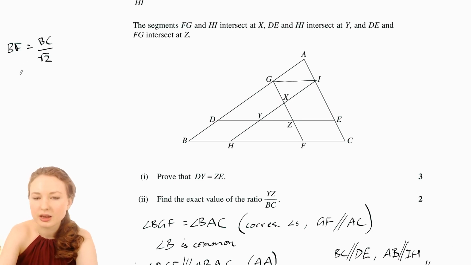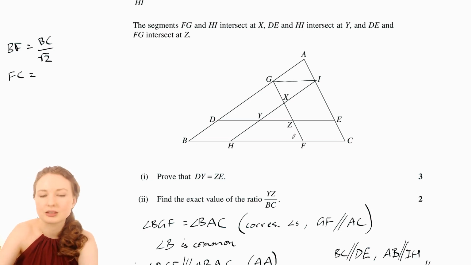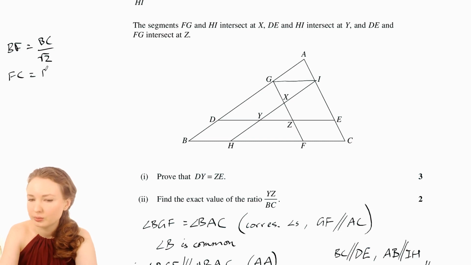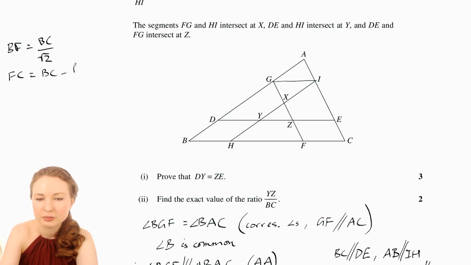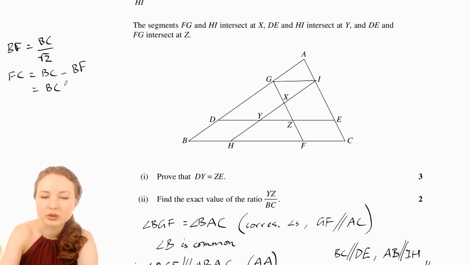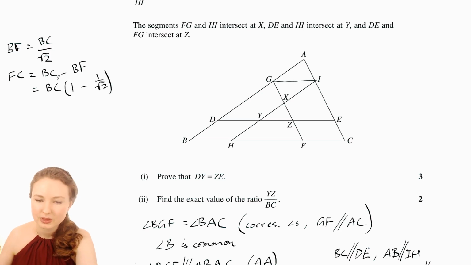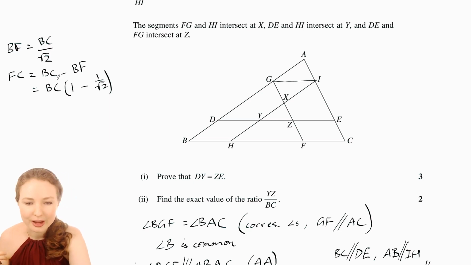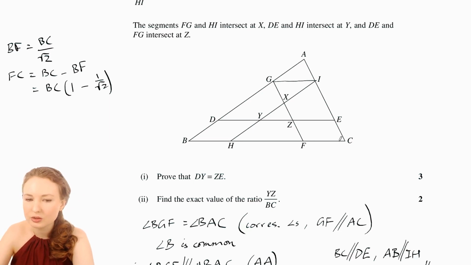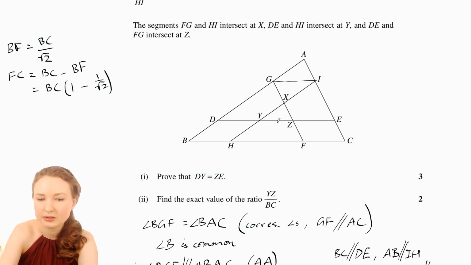And then FC is that whole thing minus that, BC minus BF. So we've got BC minus that, which makes 1 minus 1 on root 2, times BC, if you pull the BC out the front. Okay, so that's FC, which is equal to ZE.